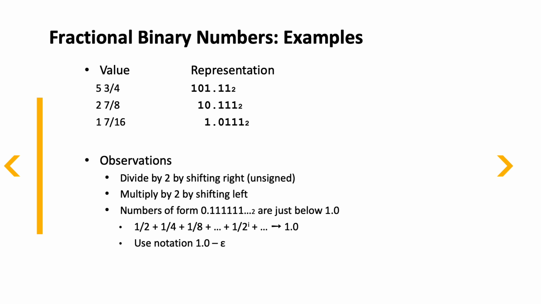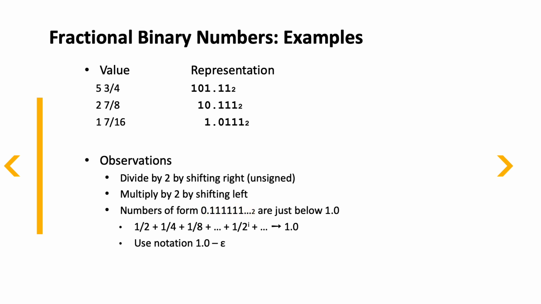And something that we want to note is that numbers of the form 0, binary point, and then a bunch of ones, so any number that has a 0, then the binary point, and then everything to the right of the binary point, for however big our representation is, is a bunch of ones, it's the value that can be represented with that number of bits that's just below 1.0.